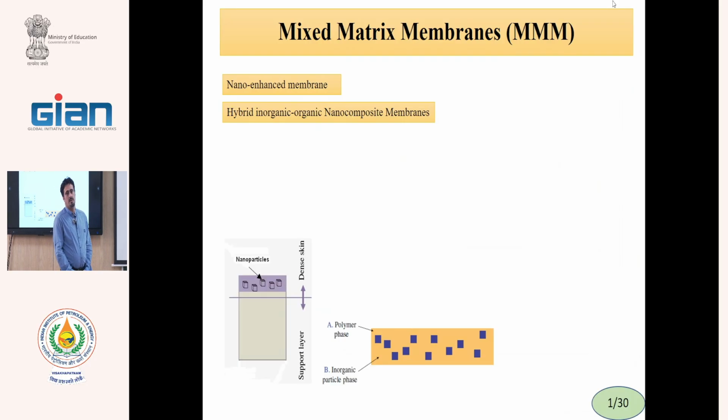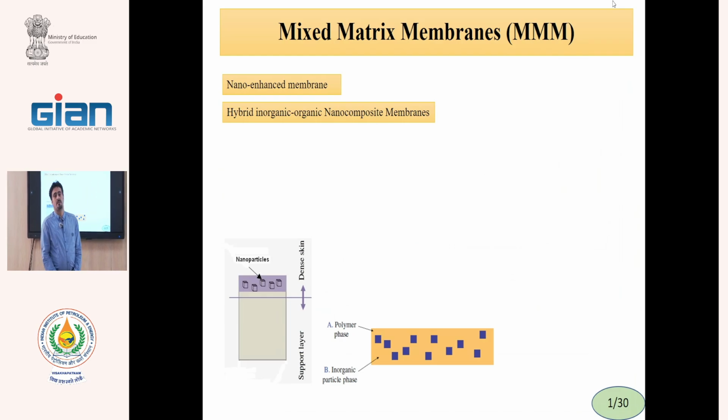At that time, nanotechnology was a very new subject, and when I began my thesis it was not famous, but time showed that nanomaterials are very important in the modification and fabrication of membranes.